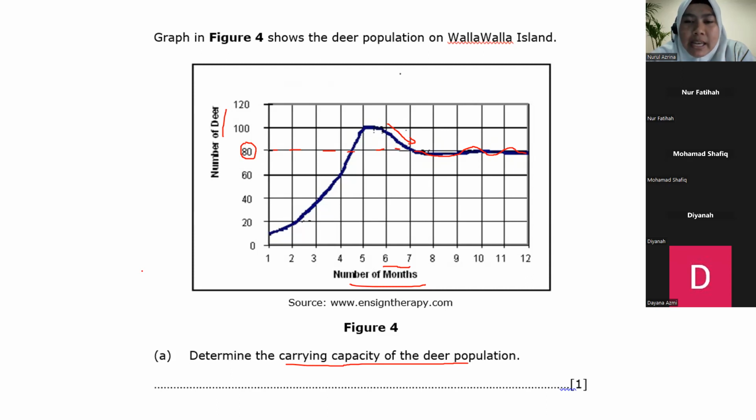Competition. Yes, very good. Remember, the resources available can support 80. But now the population size is in the 90s. So the resources available cannot accommodate more than the carrying capacity can. That leads to competition. That is one answer. Competition for what? Can anyone give another answer?